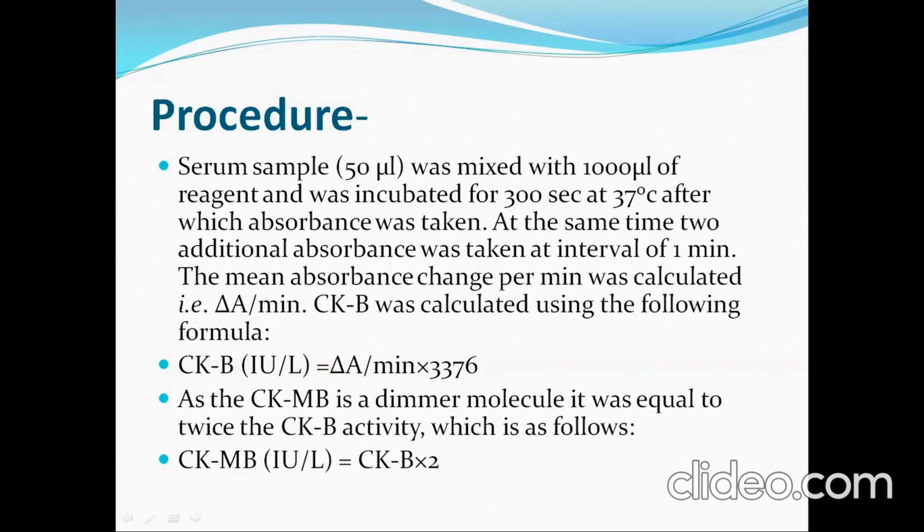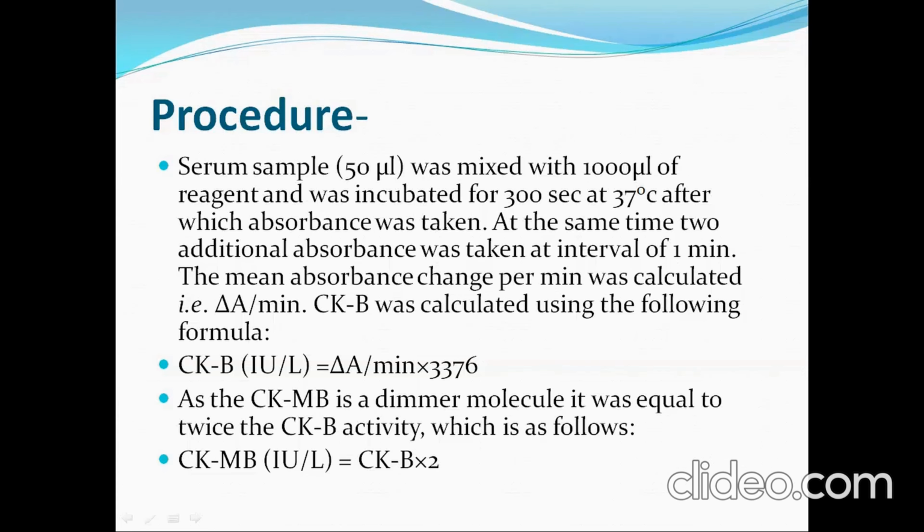CKB was calculated using the following formula, that is CKB international unit per liter is equal to delta absorbance per minute into 3376. This is the correction factor which differs for the different types of kits.